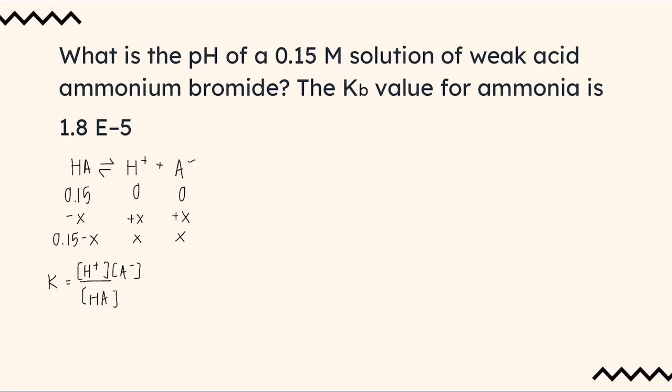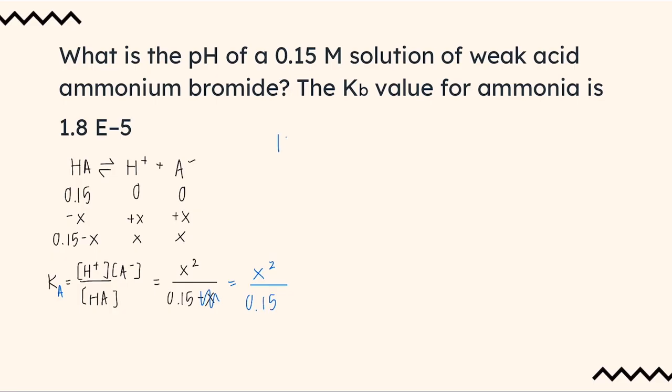Plugging all of those values in, I have x squared over 0.15 minus x. We assume that this minus x is going to be super small, so I'm just going to cross it out. My new equation is x squared over 0.15, but remember, this is in terms of acid, so this is actually a Ka.